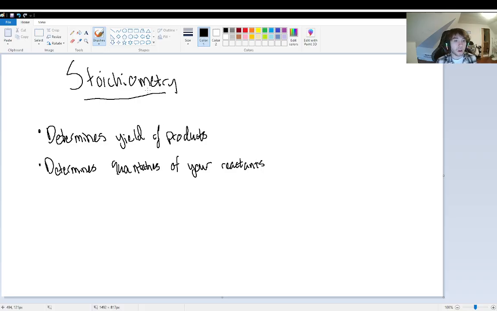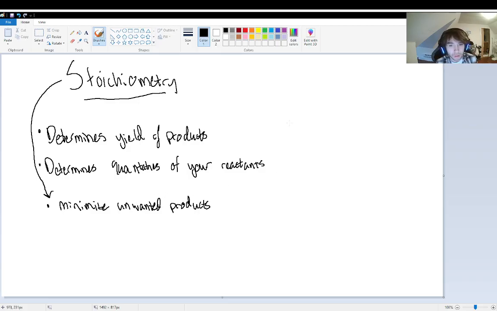And you can use stoichiometry in a lab when you're doing research or your undergraduate lab experiments, because you can use this to minimize unwanted products, in order to make sure that you're not getting something that you don't want to get.